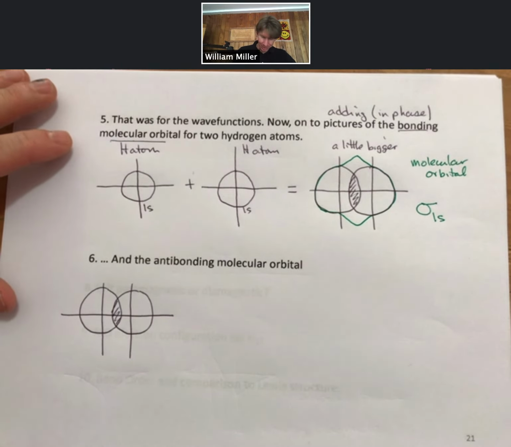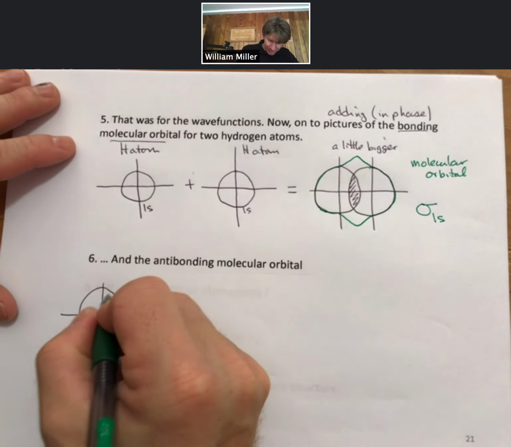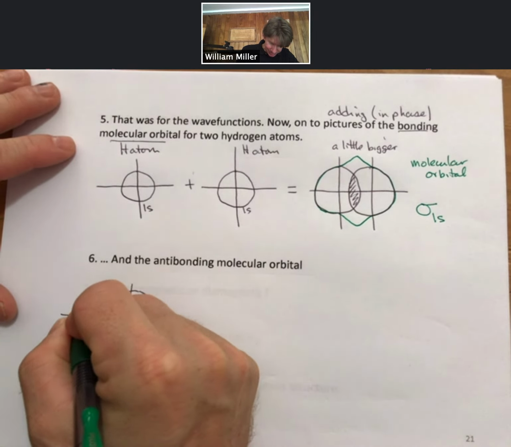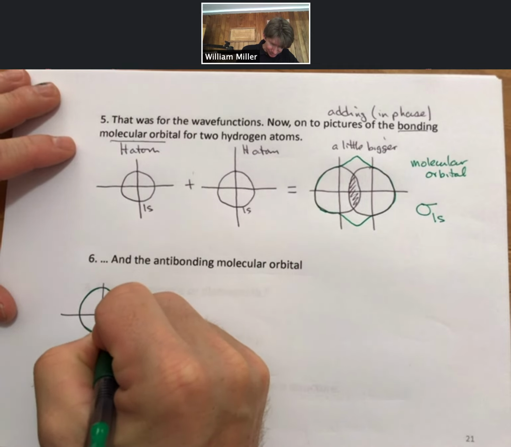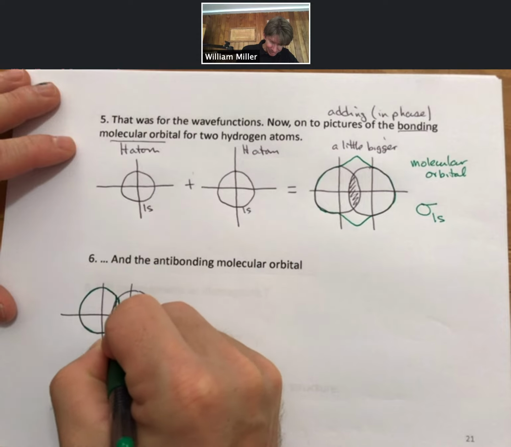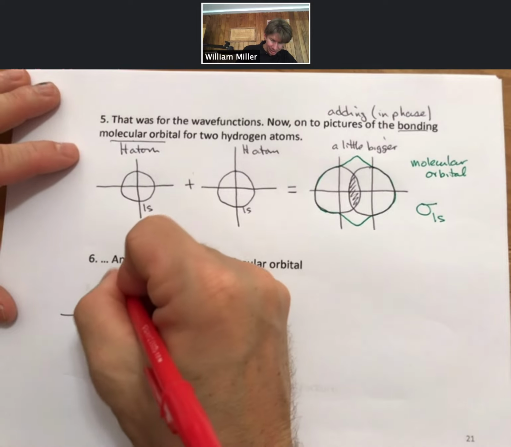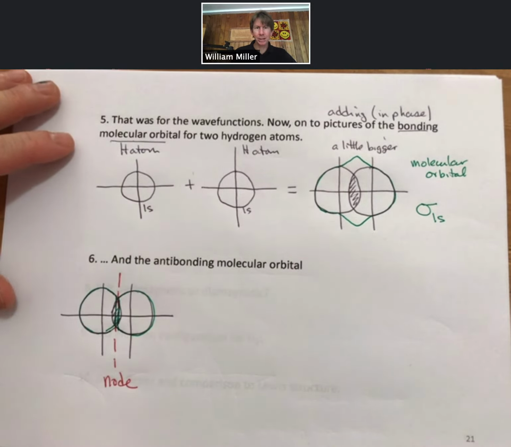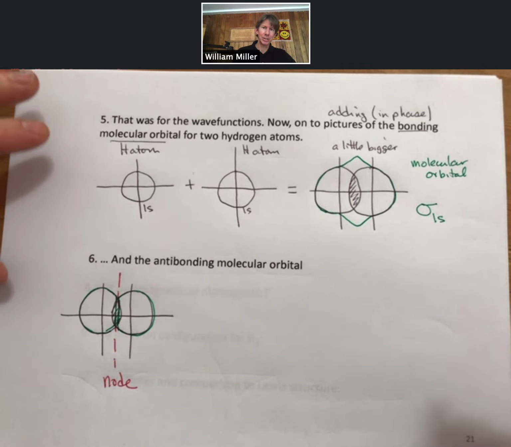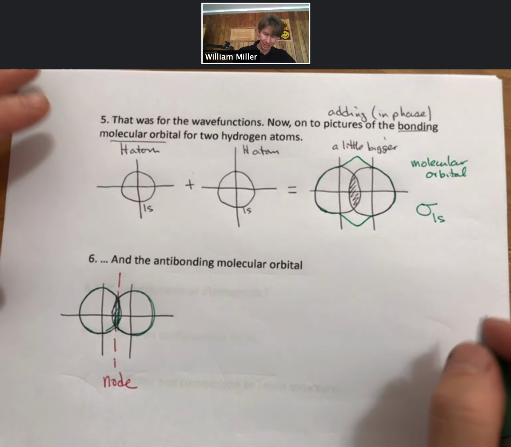That means that right in the middle here, it looks something like this. And I'll draw this again. But there's a node right here in the middle. And a node still means the same thing it did before: a plane in which there is zero electron density, zero probability of finding the electron.